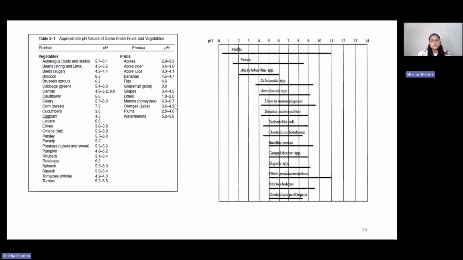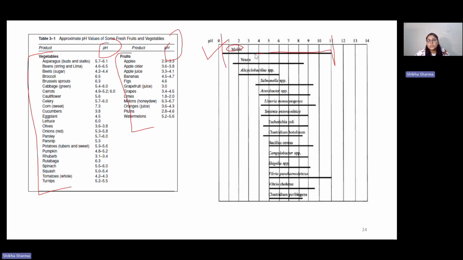Here in this table, we can see different vegetables and fruits and their pH. It also shows which kinds of microorganisms can grow at different pH. Molds can grow over a very wide range, from very low to very high pH.